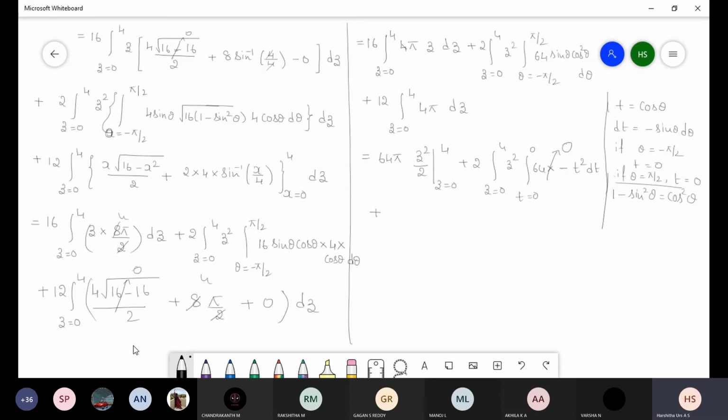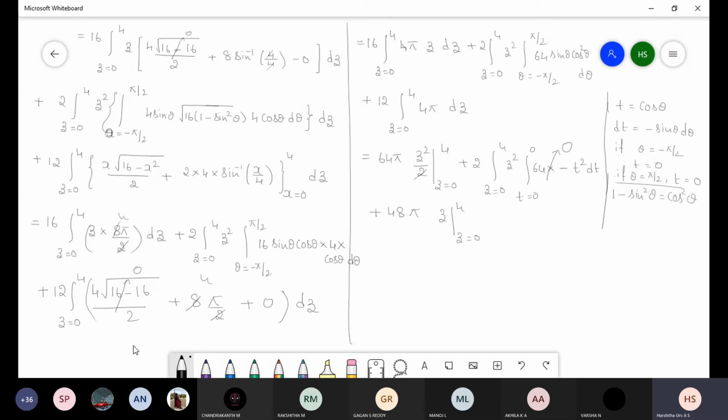Third term, 12 fours are 48 pi. Integration of 1 with respect to z is z. So here also z varies from 0 to 4. Now do the substitution part.